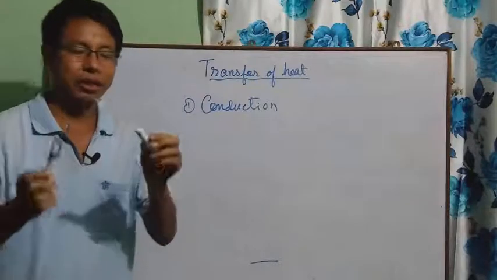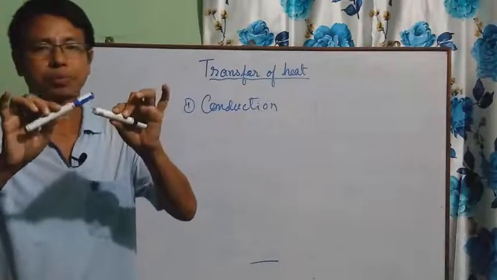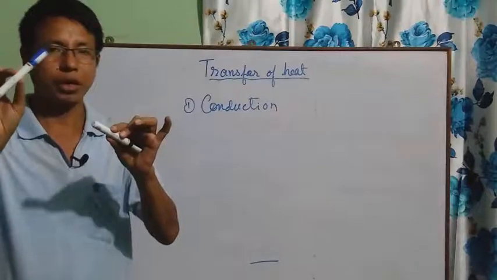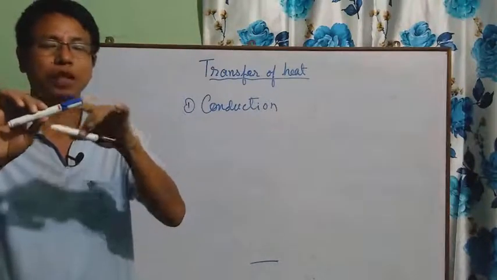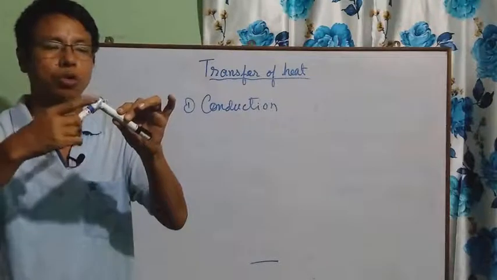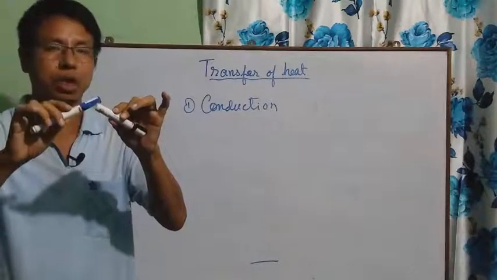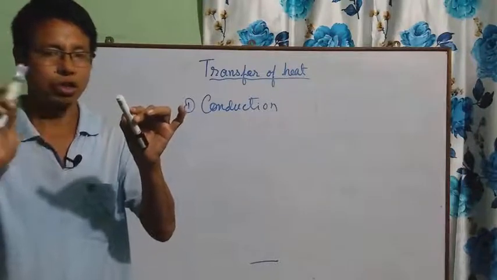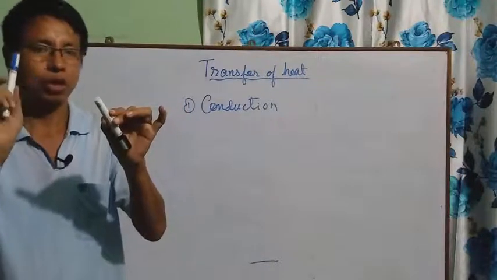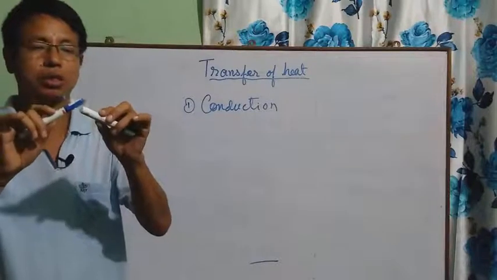But in that case, they should touch each other. Suppose this is a hot object and this is a cold object. When we touch them, the heat will flow from the hotter object to the colder object. If they touch, that is conduction. But if they are not touching and heat is transferring, that is not conduction. So the condition is that the objects should touch each other.